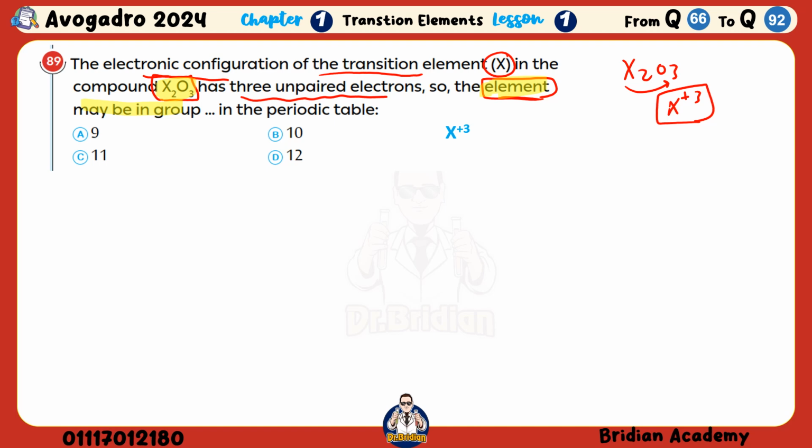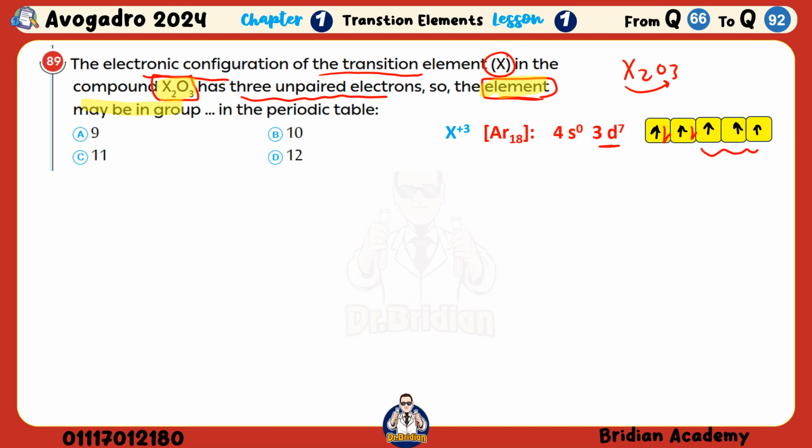The first case, and the most possible one, is that you have 7 electrons in d. The electrons will be unpaired first, then pairing occurs for the 7 electrons, so you have 3 unpaired electrons as mentioned in the question.